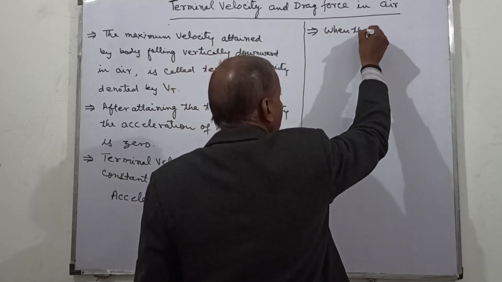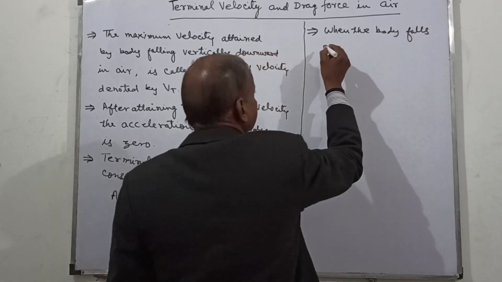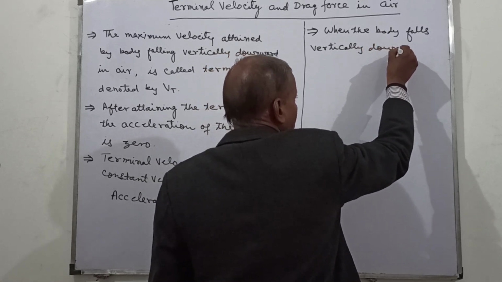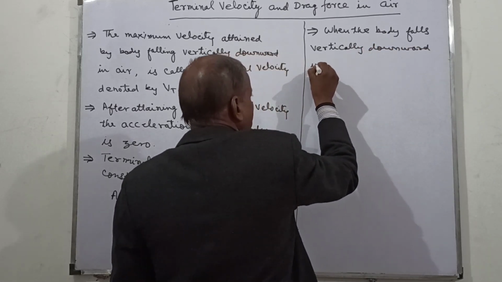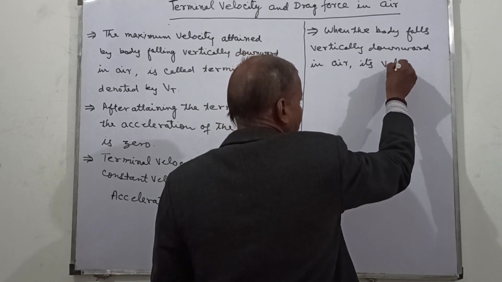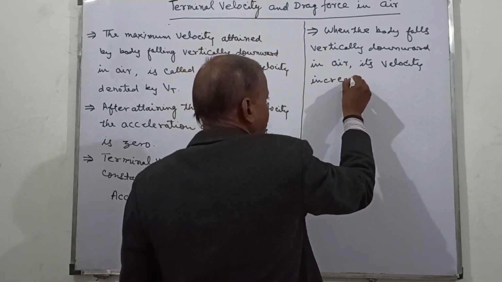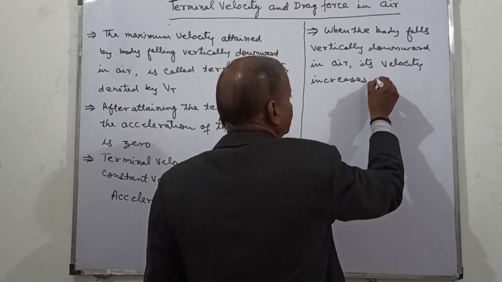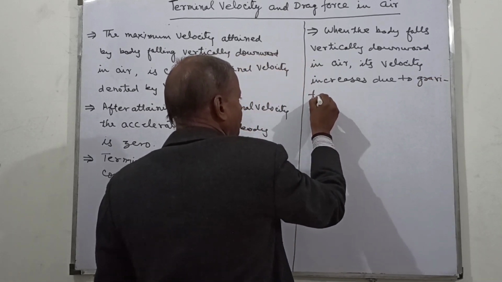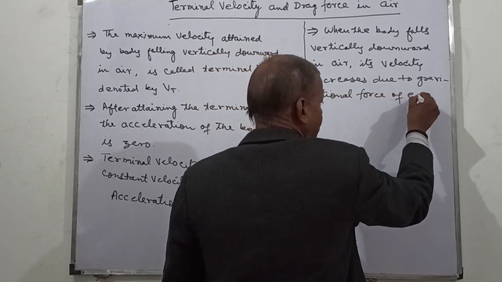When the body falls vertically downward in air, its velocity increases due to the gravitational force of Earth.